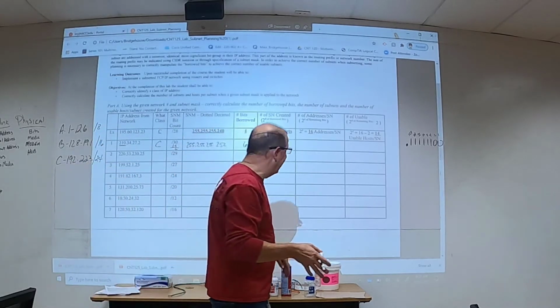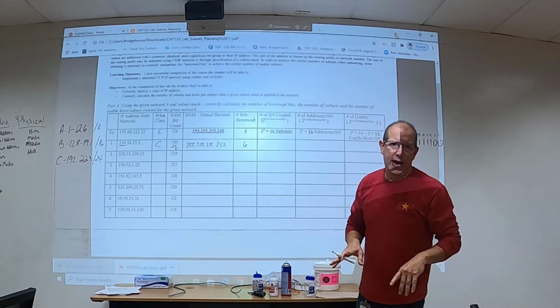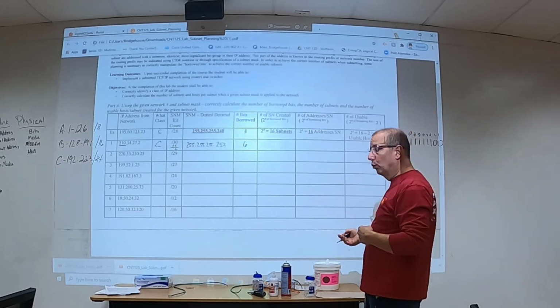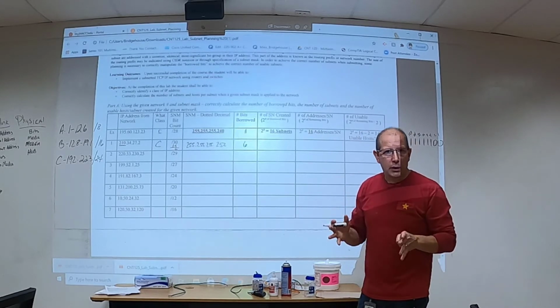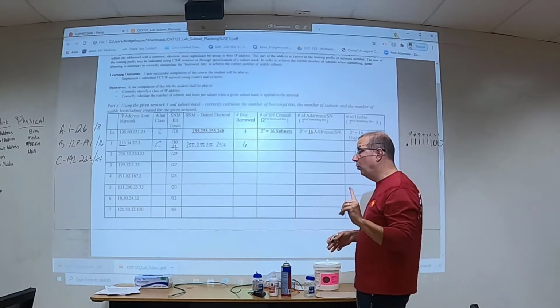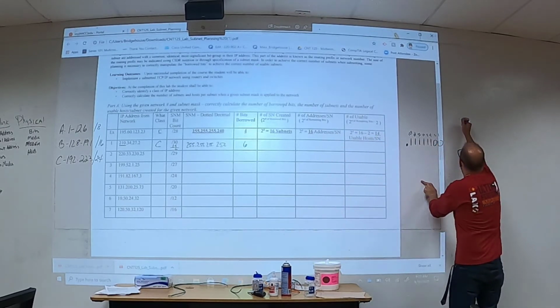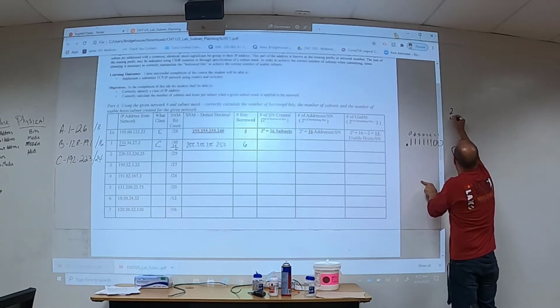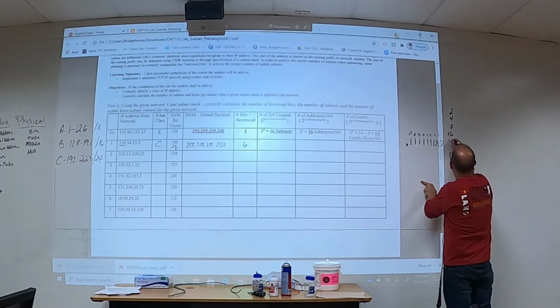Next thing you want to look at is the total number of networks created. So in the rules of subnetting, 2 to the borrowed amount equals the total number of networks created. So 2 to the 6, and if you do what I told you guys to do, on the right hand side of your paper, always put down your powers of 2.